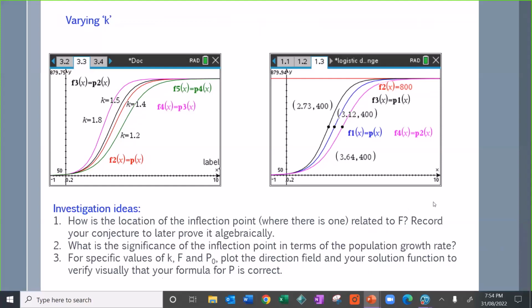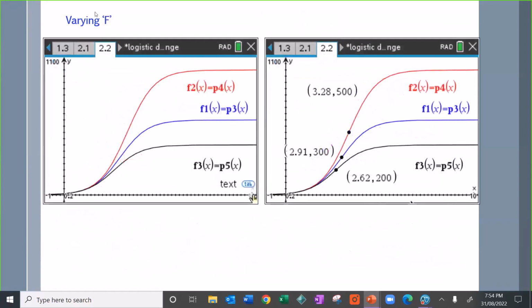So these are just some of the ideas. So we vary K, and we can also vary F. So of course, carrying capacity is our horizontal asymptote. But interesting thing here, if we vary F, what happens to the population? What's the population when we have the maximum growth, which clearly we can see it's half.